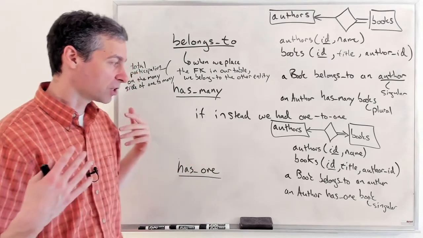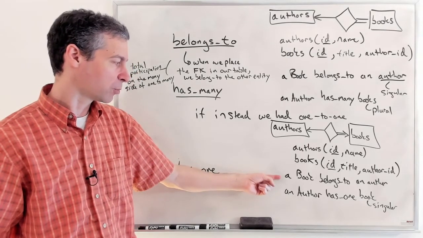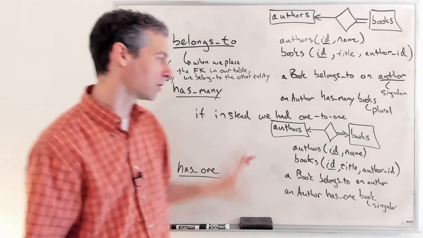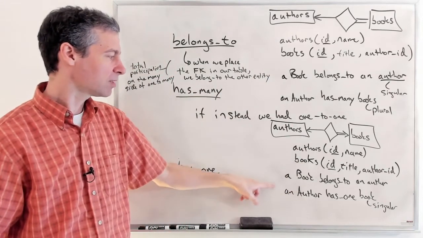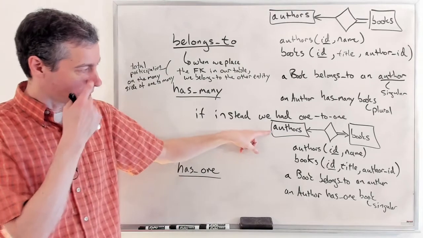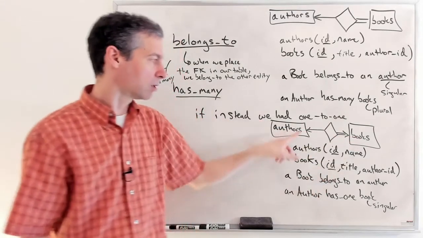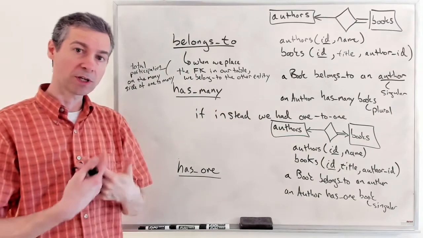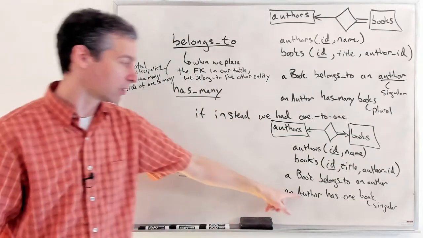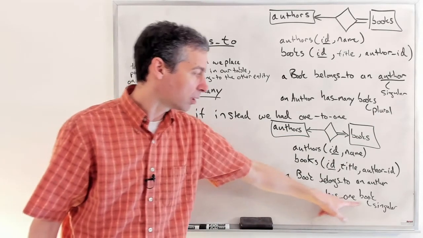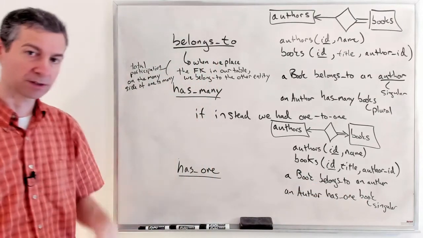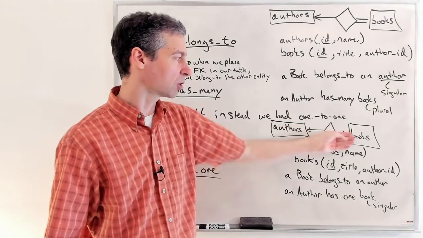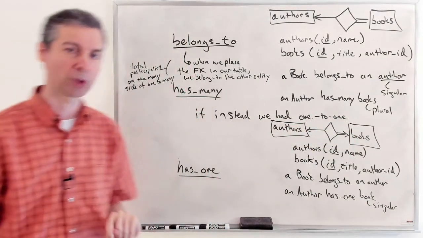From the association standpoint, yes, again, a book belongs to an author. It's the same thing, all right? But in this case, it's not that one author goes to many books. No, one author goes only to one book. And so when we set up the associations, we'll say an author has one book, okay? It's singular. In other words, we are saying that we're not going to go to multiple books. We'll only ever go to one book over there.